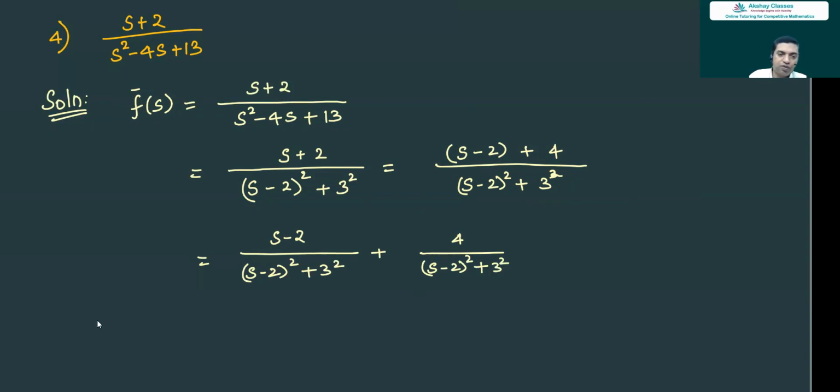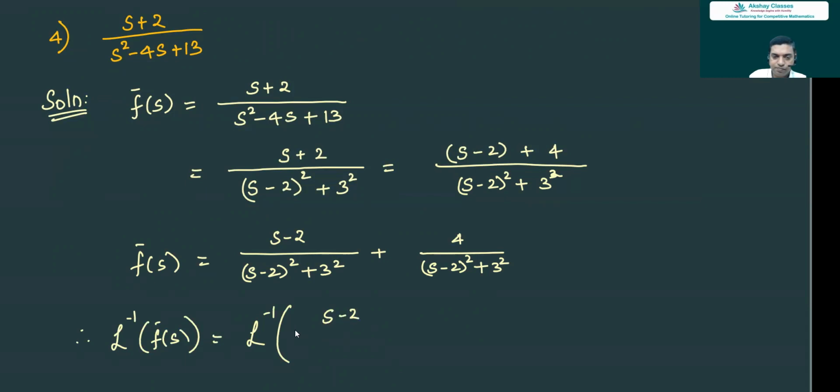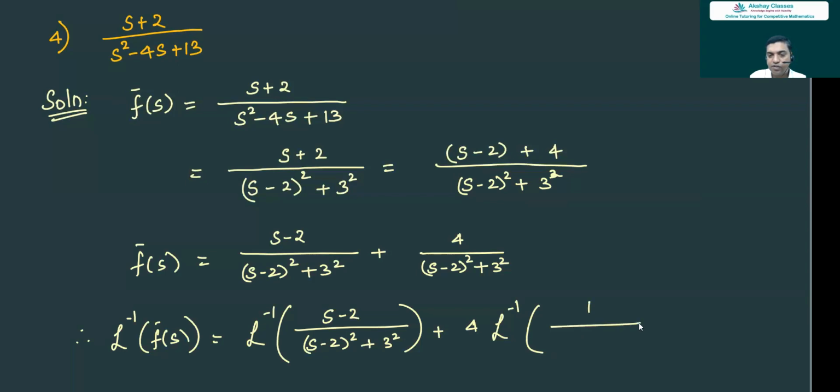Now this is f bar of s. Therefore the Laplace inverse of this given function is the same as the Laplace inverse of the first term plus 4 times the Laplace inverse of the second term. Now these are in standard forms.